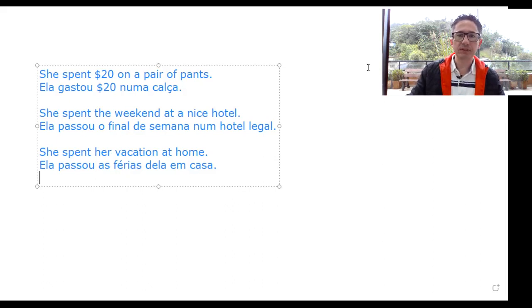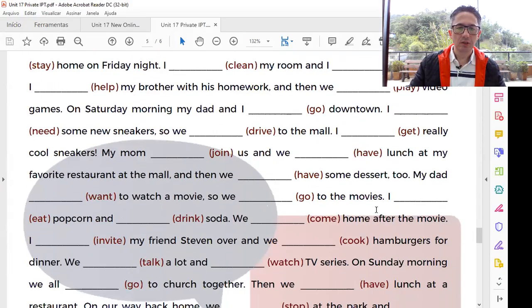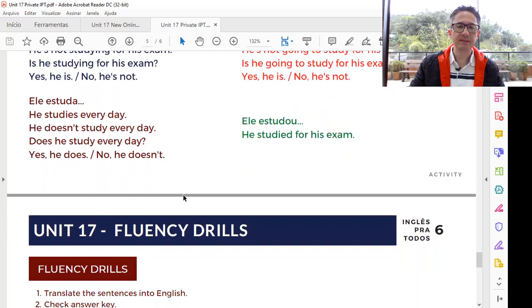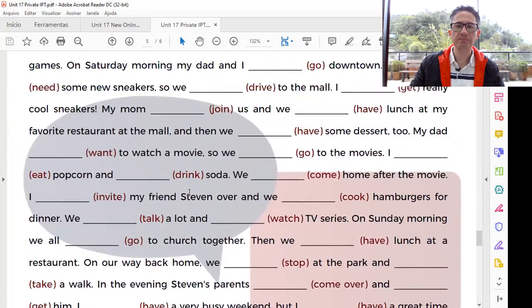All right. Now, let me go back to see if I would like to make any other comments here. Okay, the verbs and all the other activities here. Here, you know, there is like a review, like present continuous, future, present, past, okay? And then the fluency drills, okay?